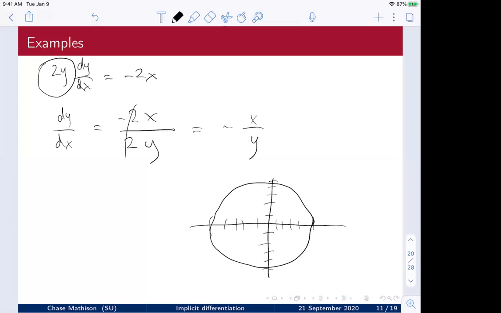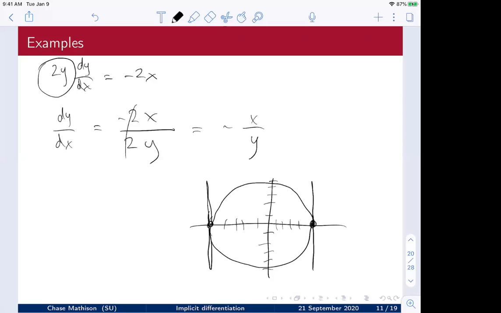Beautiful. So when y is 0, here and here, that's precisely when the circle has a vertical tangent line, and for a vertical line, we say the slope there is undefined. So the fact that the derivative is undefined when y is 0 actually jives with what we would expect to see.